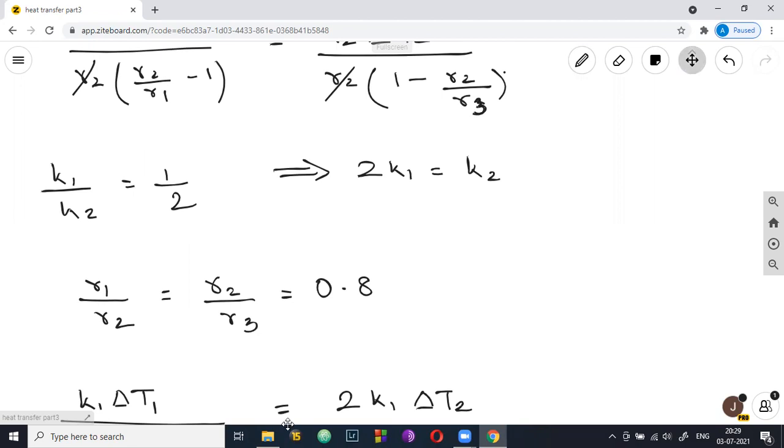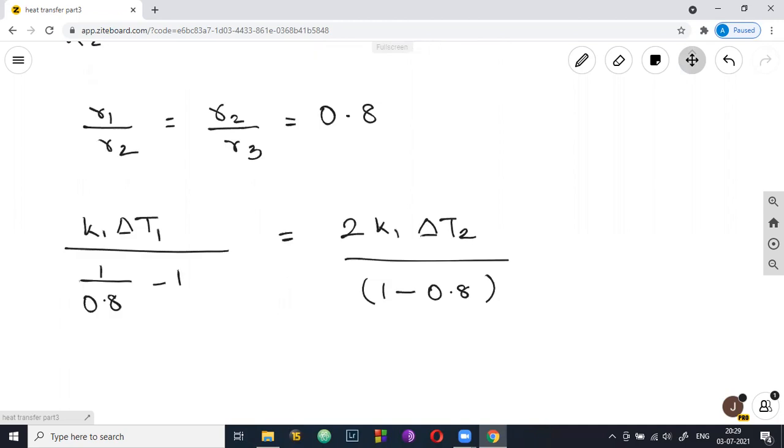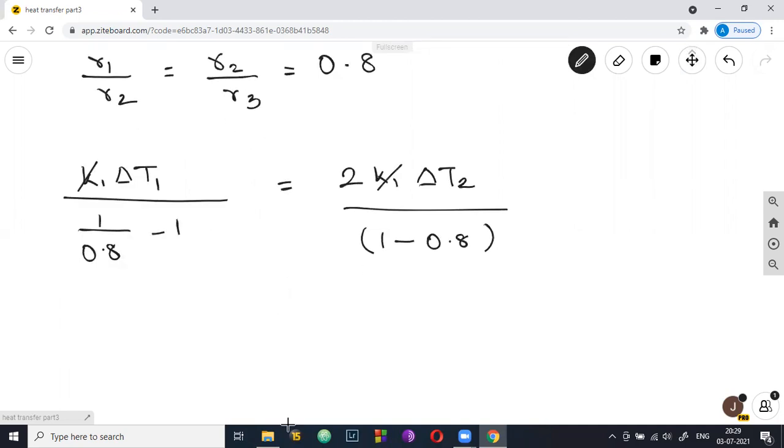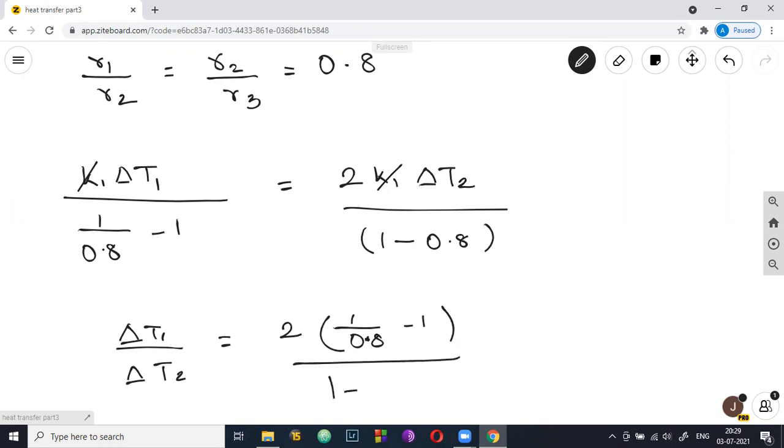Now you just have to solve it. So obviously K1 gets cancelled out. Our requirement is to find delta T1 by delta T2, which is 2 into 1 by 0.8 minus 1 by 1 minus 0.8.